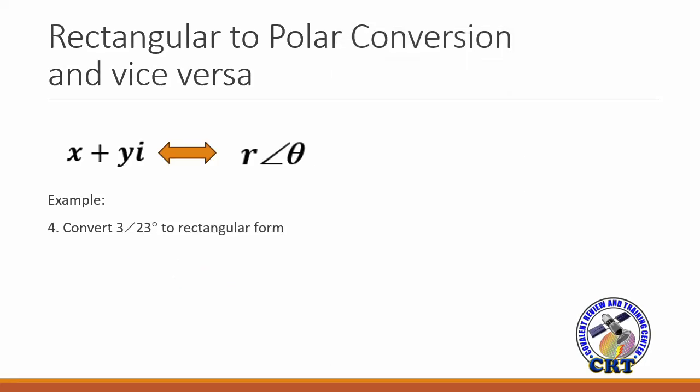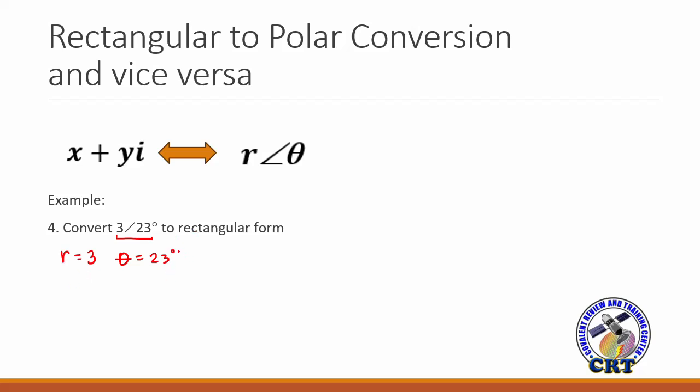Example number 4. This time we will convert polar to rectangular. So convert 3 angle of 23 degrees to rectangular form. R is 3 and theta is 23 degrees.